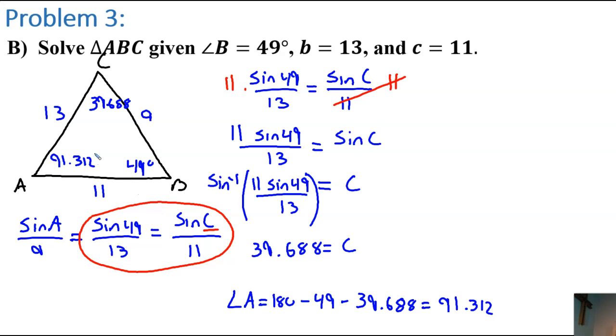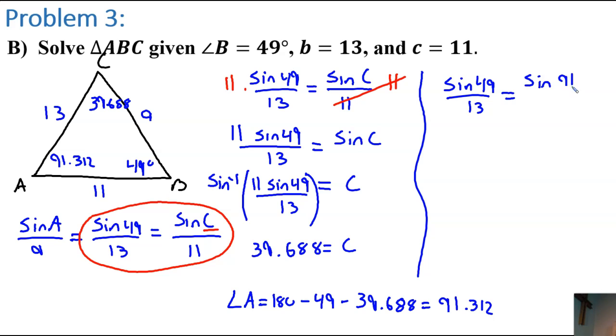And now I can use the big A to solve for the little a. We could say that sine of 49 over 13, once again, is equal to sine of 91.312 over little a.